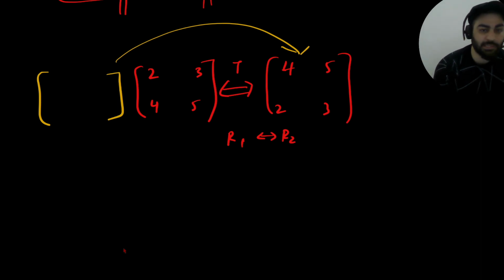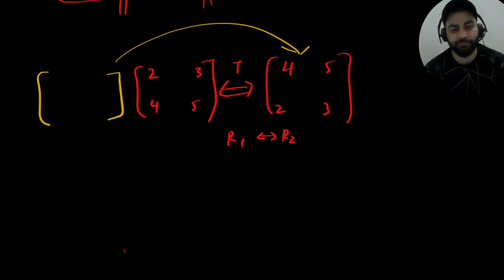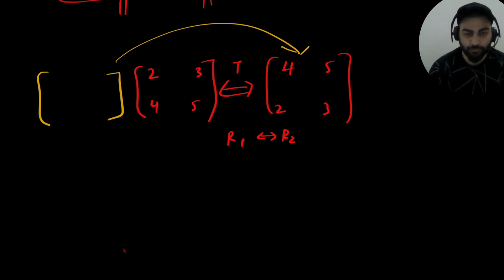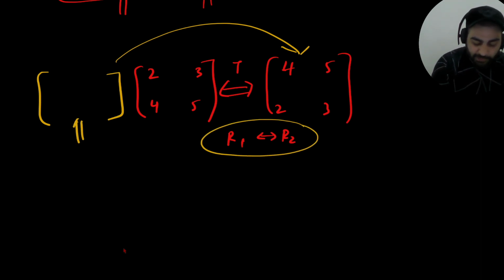Rian, can you give me the answer? Rian, are you there? Sir, I think you just have to exchange row 1 and row 2. So I have to exchange row 1 and row 2. So what should be the values of this matrix? Because this is our elementary matrix now.